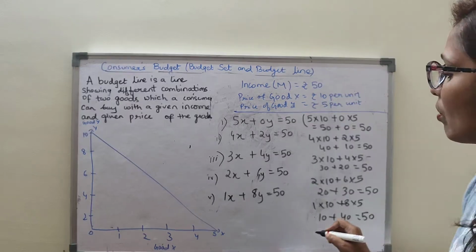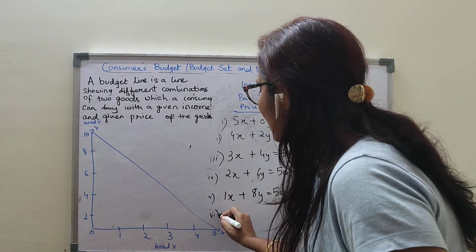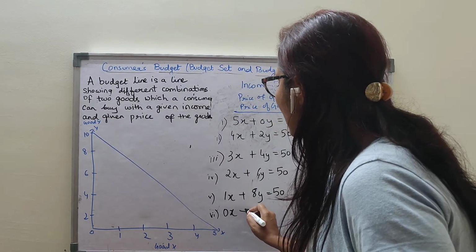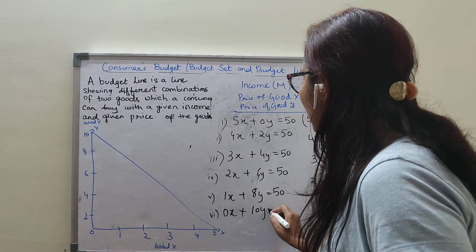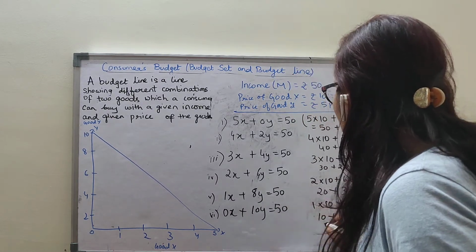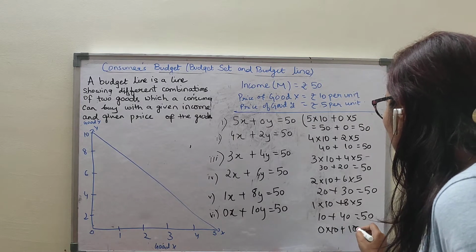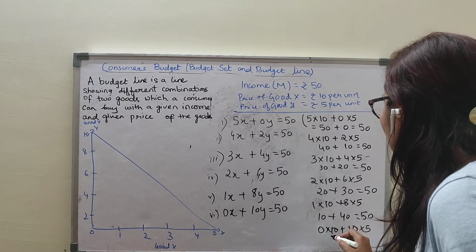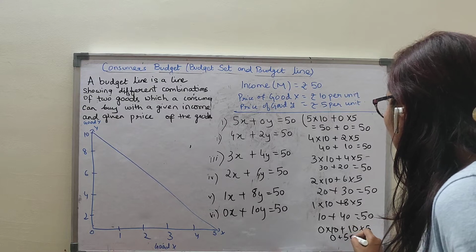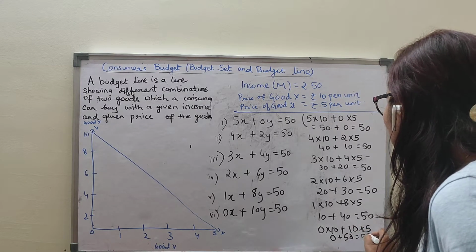Clear? Now sixth combination, the consumer buys no unit of X and 10 units of Y. That means 0 into 10 plus 10 into 5 is equal to 50.